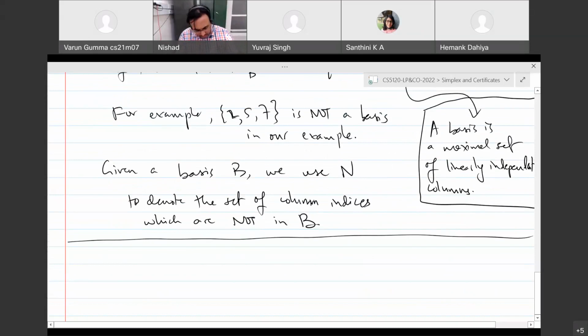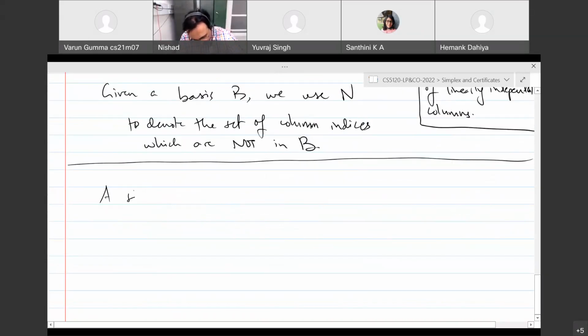So a solution x bar of the system Ax equals b. So we are just looking at the system. We are not looking at our whole linear program in this context.